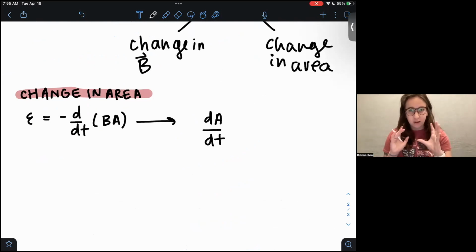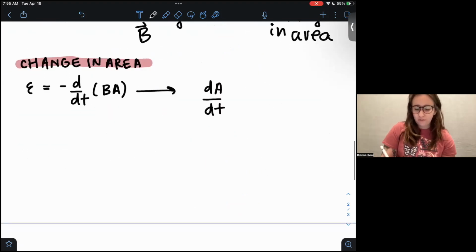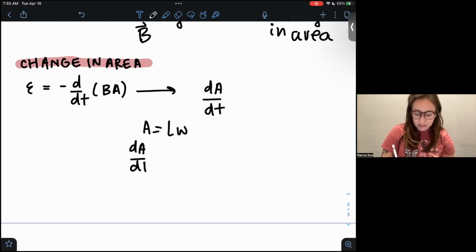Right now, our area is defined by the length L and the width W. So our area is length times width, but we want to find dA dt, the time derivative of the area.